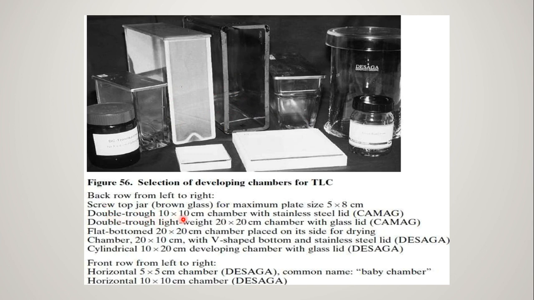Depending on our TLC plate size, TLC strip size, the used container or developing chamber could be small size or big size. So here various types of various shape and size containing developing chambers are shown in this image.